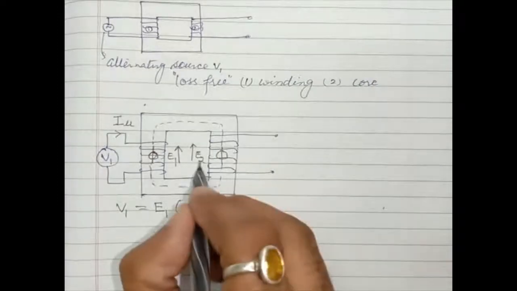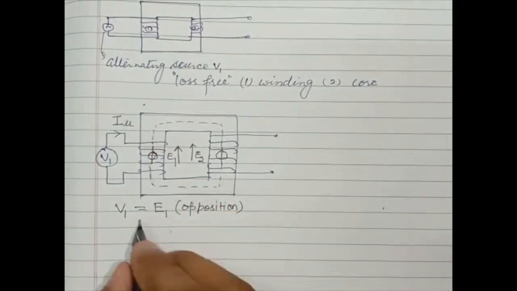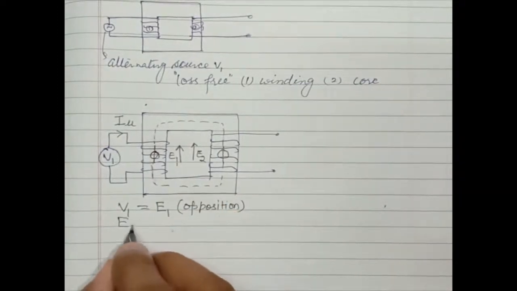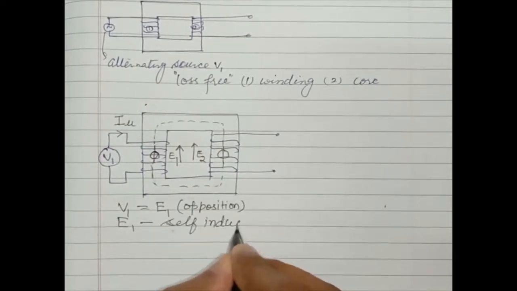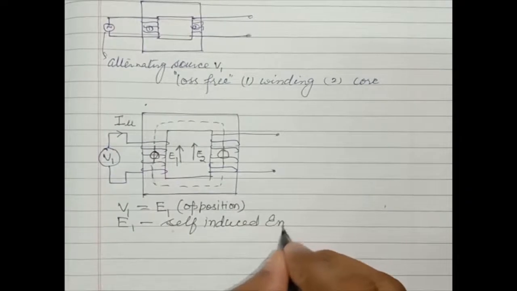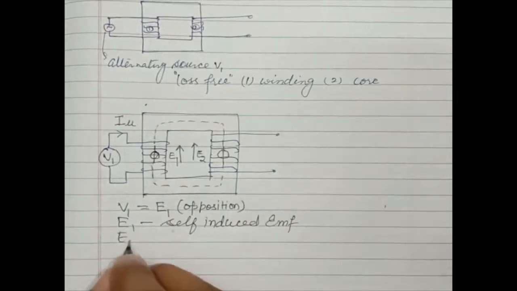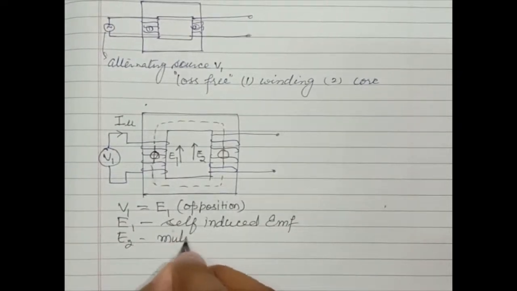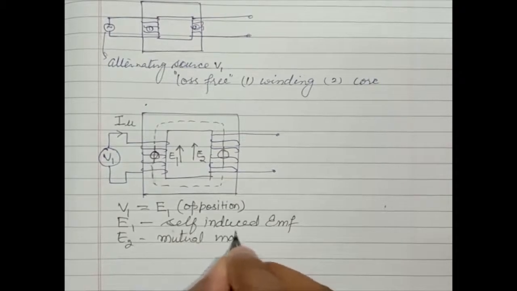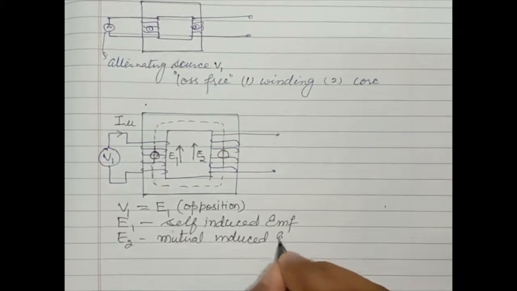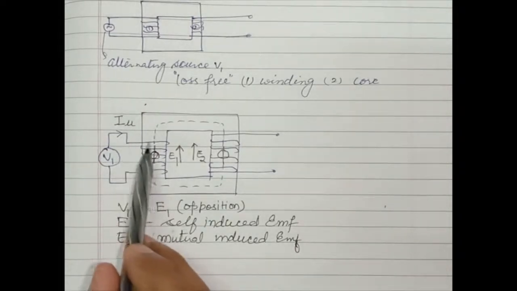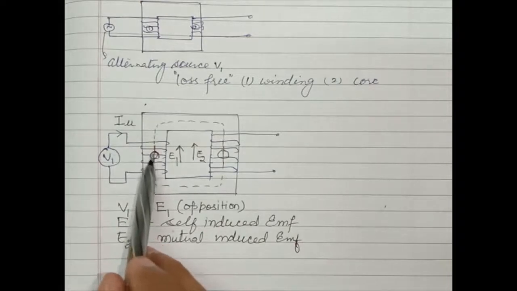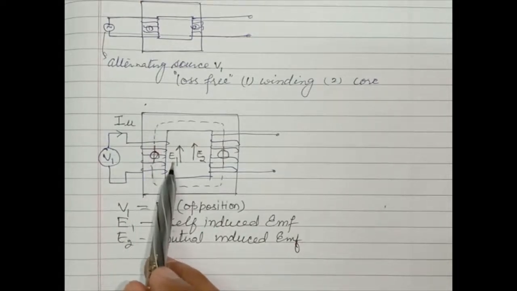This E1 is the self-induced EMF, whereas E2 is a mutually induced EMF. There is a difference between these two. Self means when there is a flow of current in the winding, the flux is established and E1 is induced.